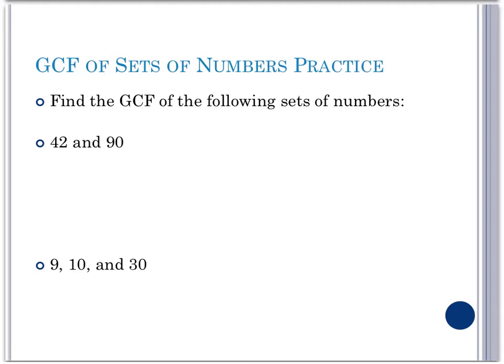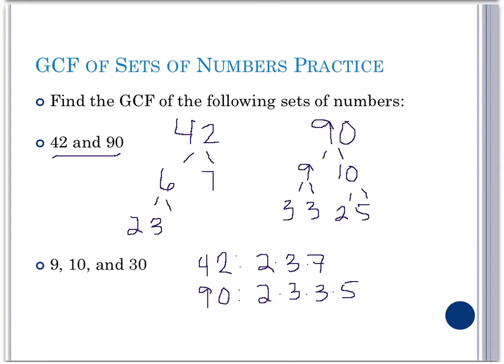Now we could look at what are the greatest common factors of these sets of numbers, 42 and 90. Well, I'm going to make a prime factorization tree. Okay, I just created my tree, and here's my prime factorization for 42. 42 has a 2 times a 3 and a 7. 90 has a 3 and a 3, 2, and a 5.